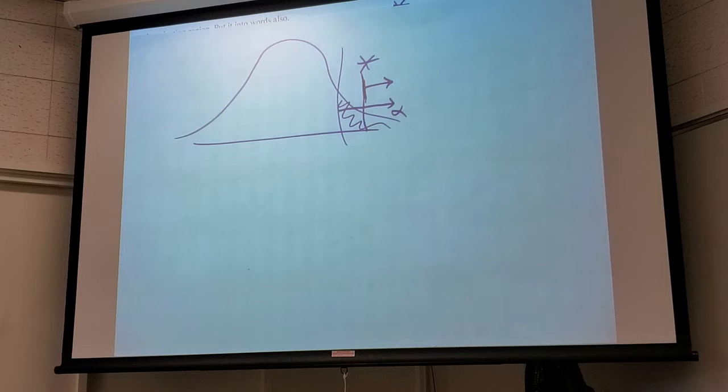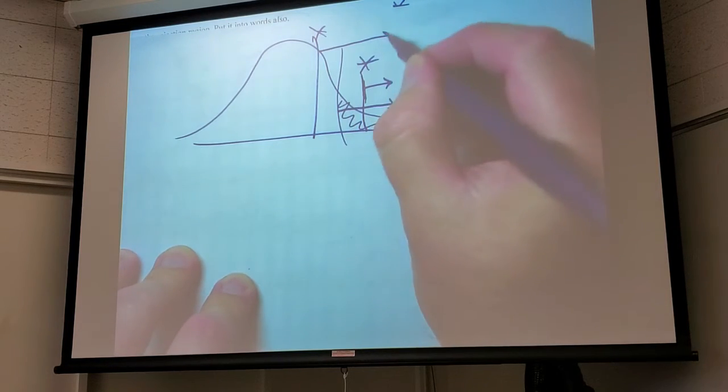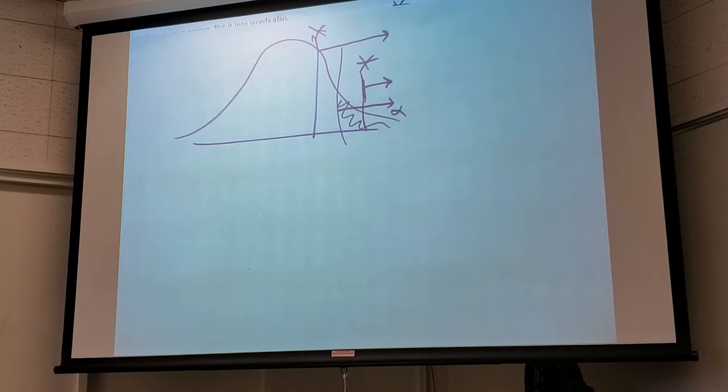So p-value less than alpha, reject the null. If our p-value is greater, that must mean we didn't make it in, because that's the only way our tail could be bigger than the rejection region.